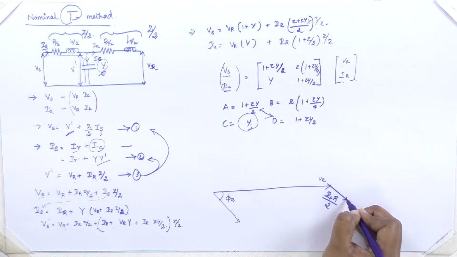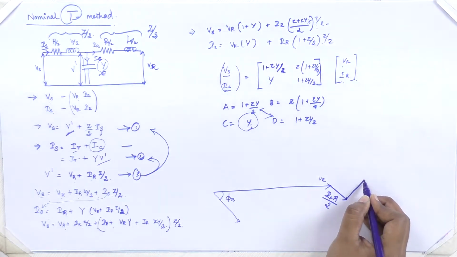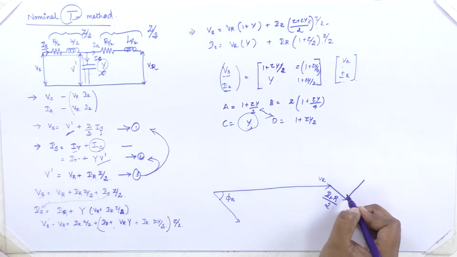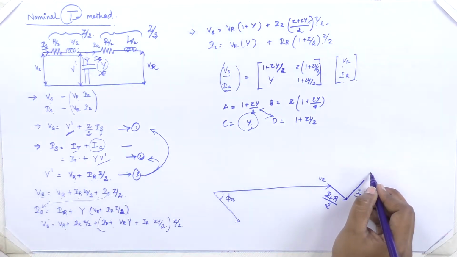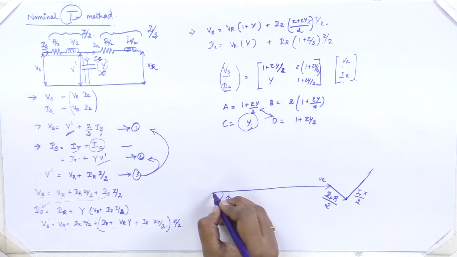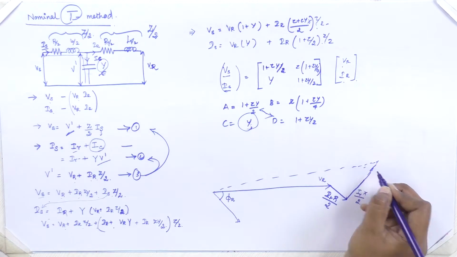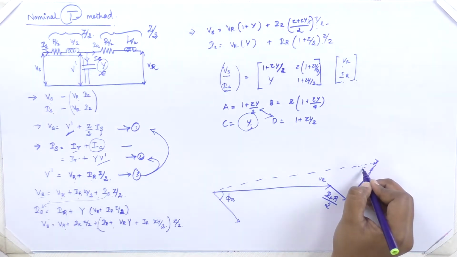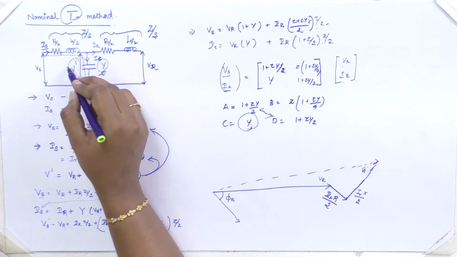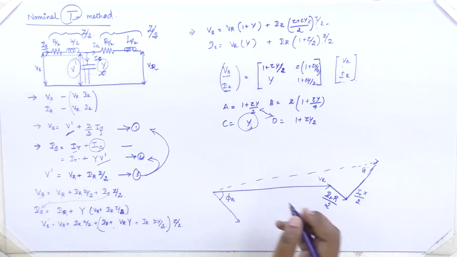Then with 90 degree phase shift, the losses will be IR into X divided by 2 with 90 degree. When joining these two, it will give the V dash value, that is the voltage across the shunt capacitance.